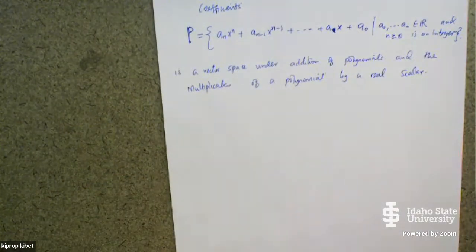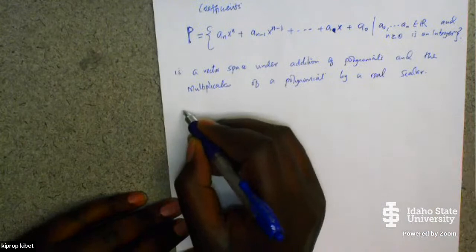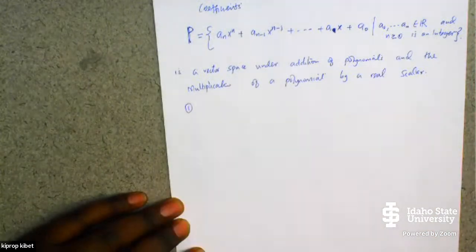So it satisfies the 8 axioms that we had. For example, number 1, the 0 polynomial.